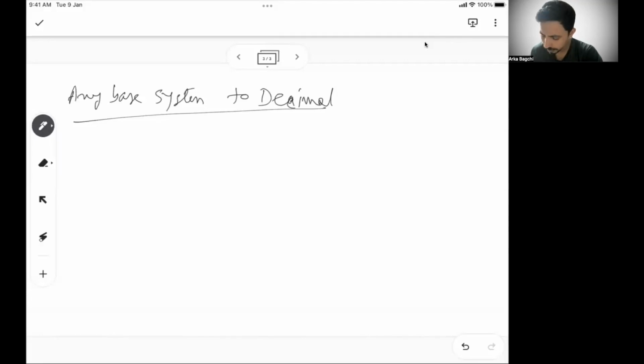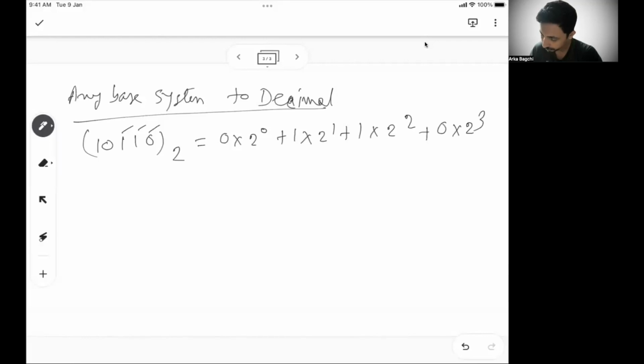So let's take another example. Let's say I have 1 0 1 1 0 in base 2. So how will I write this? I'll start first with this 0. So 0 into 2 to the power 0 plus 1 into 2 to the power 1 plus 1 into 2 square, so this one has taken care, plus 0 into 2 cube plus 1 into 2 to the power 4.